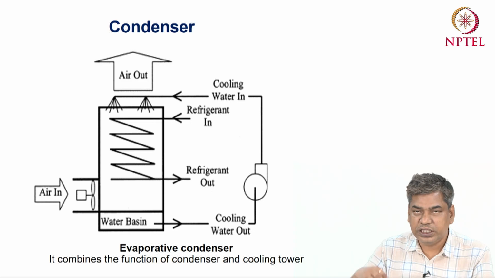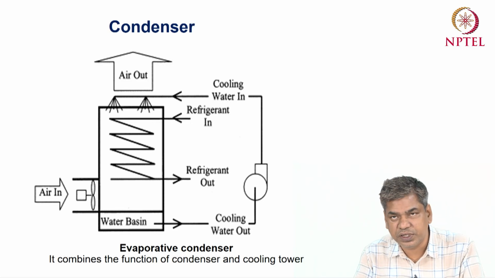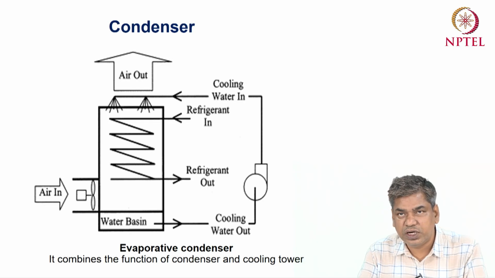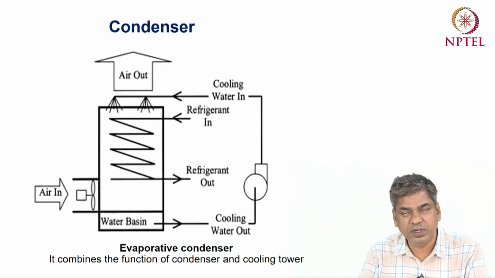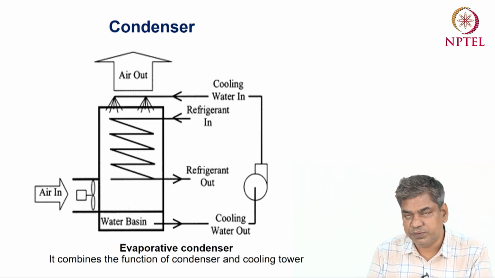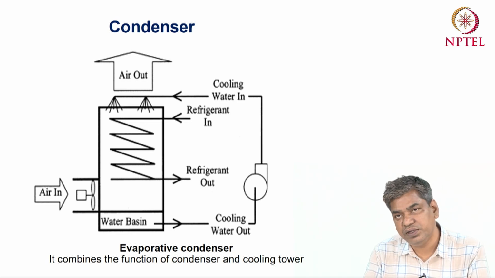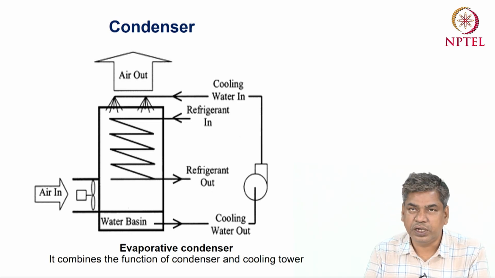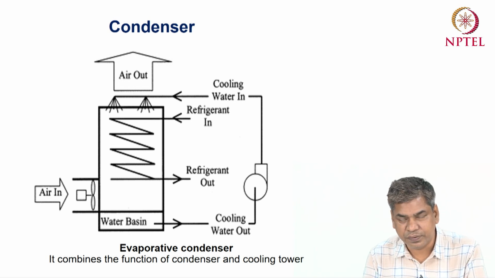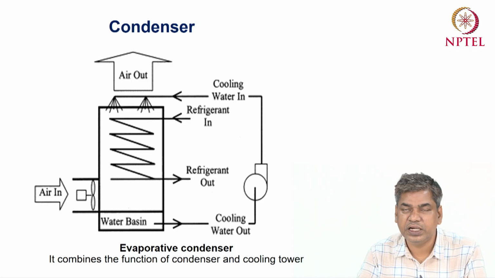When the water is sprayed over this system, the water droplets come downwards. Some of the water droplets touch or are sprayed on the tube. So there will be some heat transfer from the refrigerant to the water, and this water droplet may evaporate at the surface of the tube. So we can also use the latent heat of evaporation, and from the bottom side air is flowing.